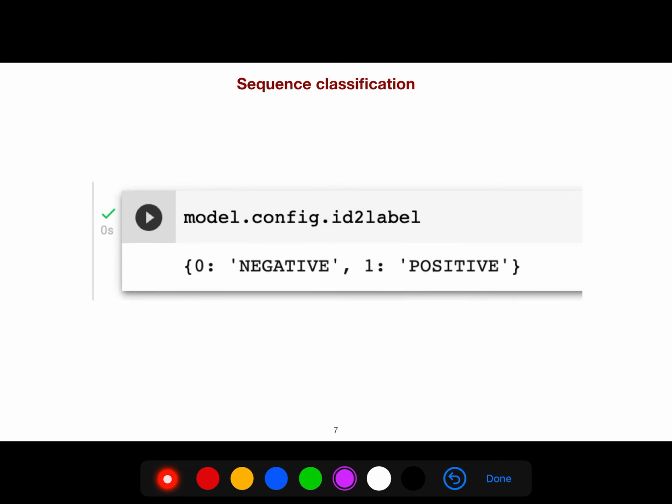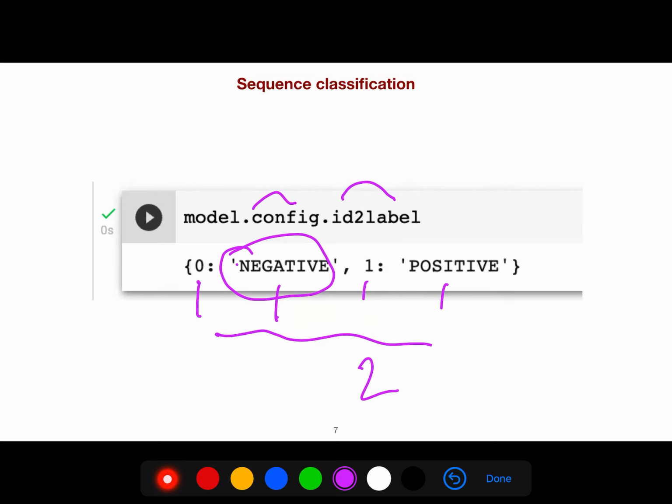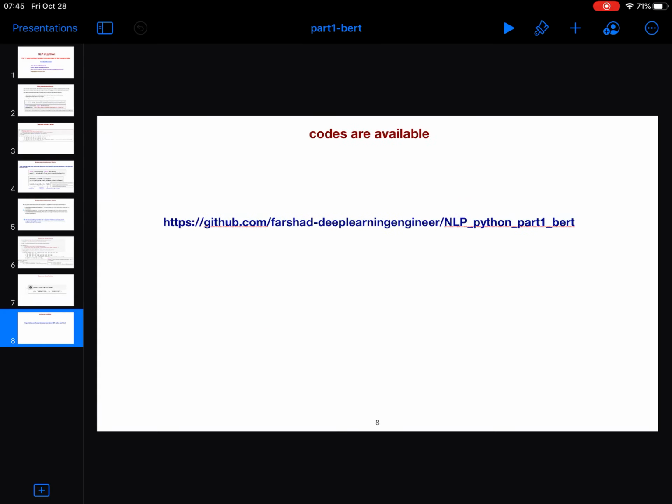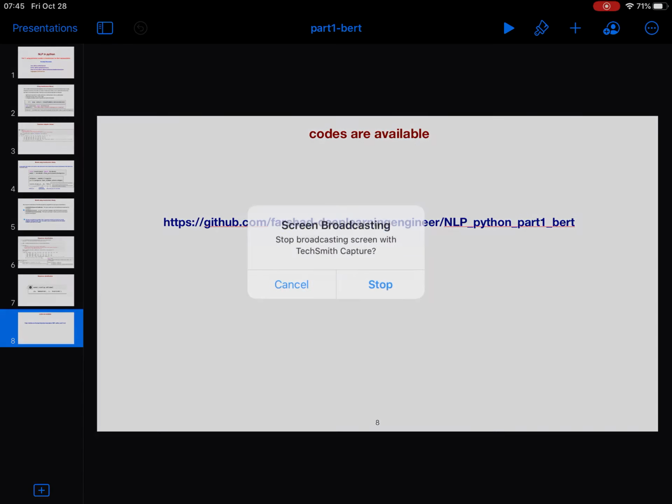If you want to know the labels, you just need id2label to see, for example, that ID 0 is negative and ID 1 is positive. So it's just two-class classification. The codes are available here. And I think that's it.